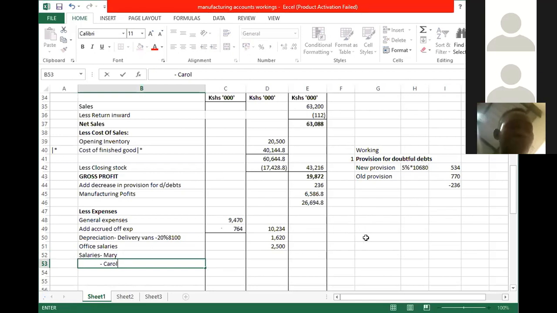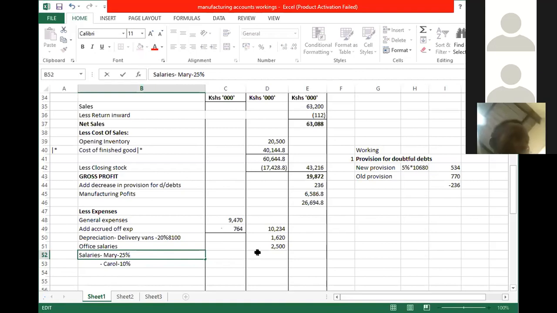So how do we calculate salaries for these people? For Mary, it was 10% of what? Somebody remind us. I can remember it was 10%. Mary was supposed to be, no, Caro is the 10%. Mary, it is 25%. So we said that for Mary, it is 25% of what?